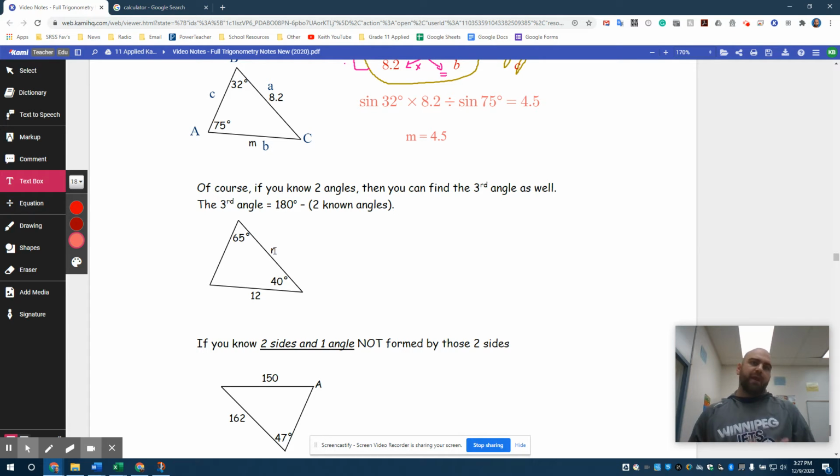So to solve for n right here, I'm going to use different letters in this case. So we're going to plug in, let's use this here. This is little n already, so I'm going to make this big N. And then I'm going to use ones that are very similar.